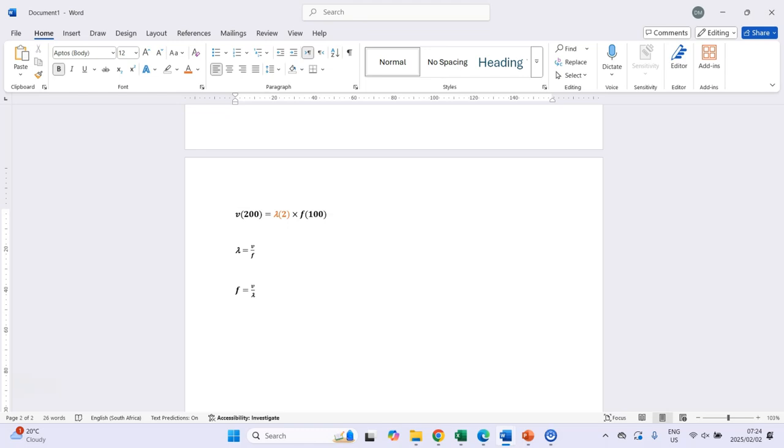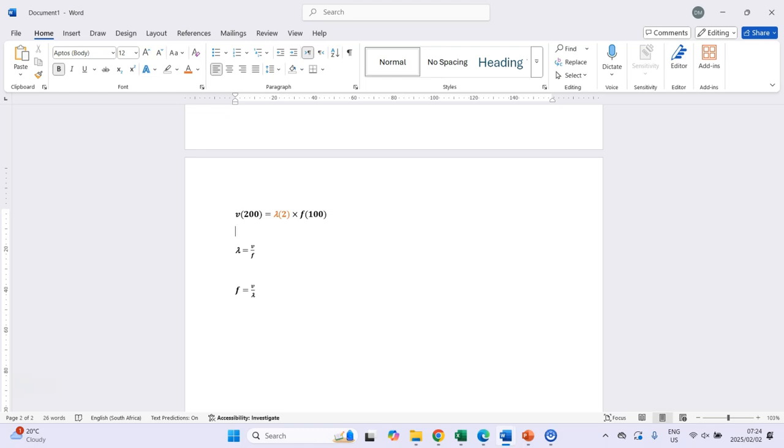So what this tells me is that the relationship between speed and frequency is directly proportional. As one goes up, the other one goes up. As one goes down, the other one goes down. And they go up or down proportionately relative to each other. Meaning that if I double the one, I double the other.